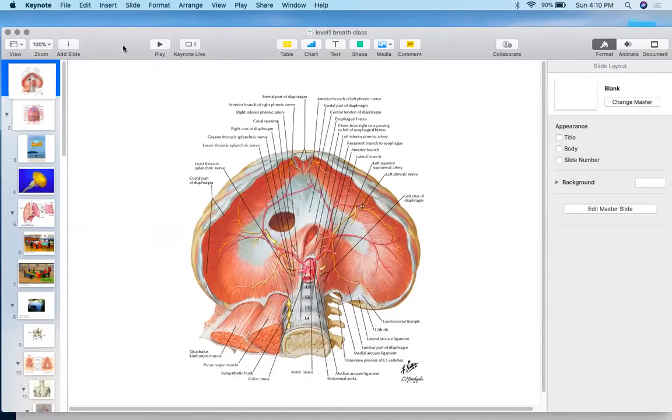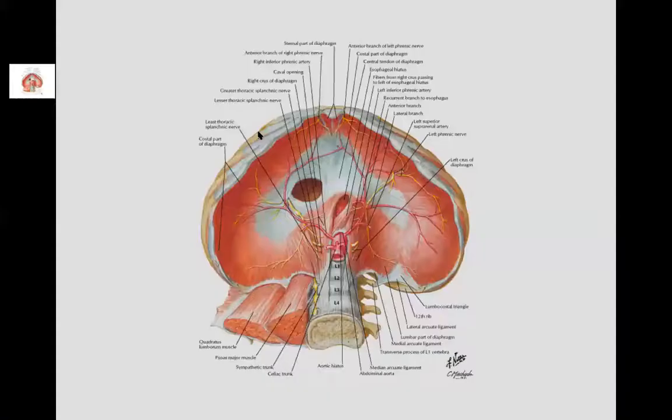So let's play. All right, can everybody see the slideshow? Actually, I can't see anybody. Can I have a thumbs up? Can you see the slideshow? Yes, excellent.